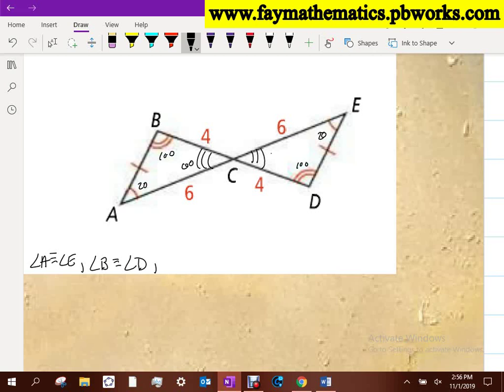And what's this one have to be? 60. And that would be true no matter what numbers I chose other than 120, right? You guys remember the third angles theorem? If two angles of one triangle are congruent to two angles of another triangle, then the third angles have to be the same because both triangles have how many degrees that you're allowed to use? 180. Okay? So third angle theorem.